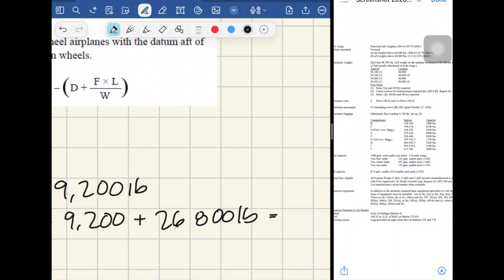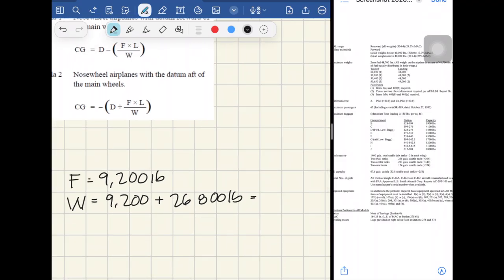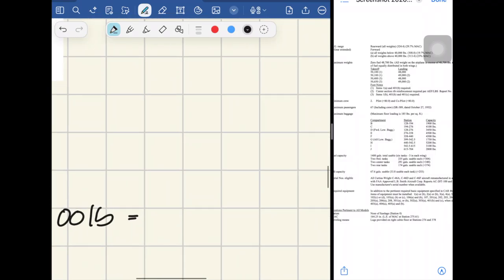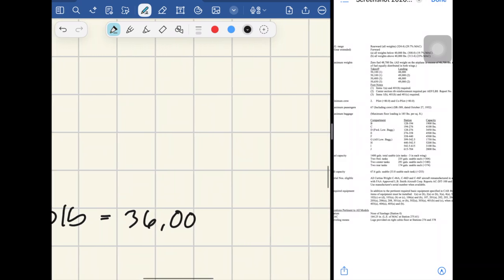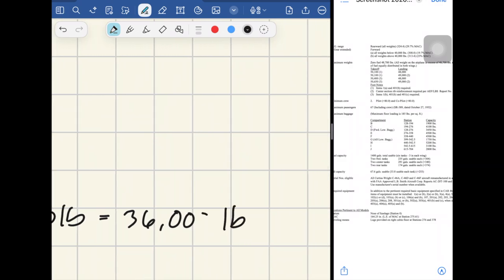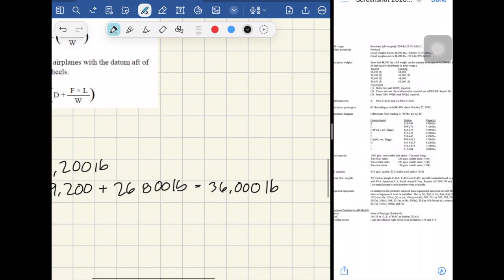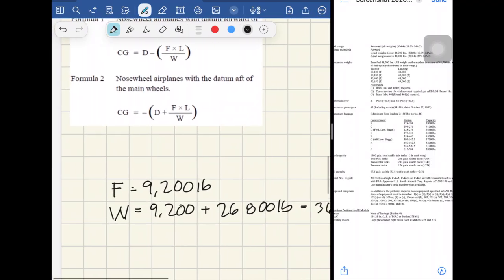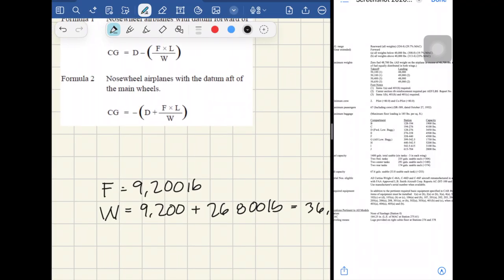Let's add them: 9,200 plus 26,800 is going to be 36,000 pounds. Okay guys, don't forget the unit. Again, F is the weight at the nose landing gear, and W is the combined weight of the nose landing gear and the main landing gear.